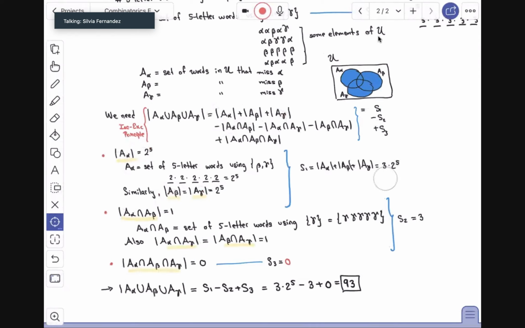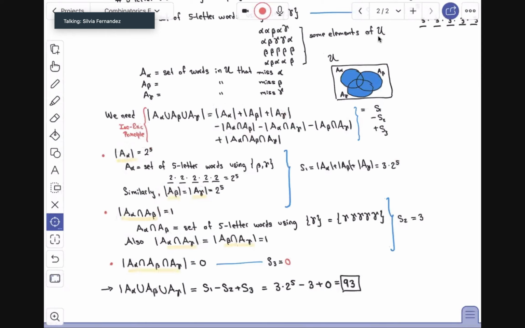For the double intersections, 1 plus 1 plus 1 is 3. That's the second row. And the triple intersection happens to be 0. The inclusion-exclusion principle tells me to add them up with alternating signs, so it will be 3 times 2 to the 5th, minus 3, plus 0.